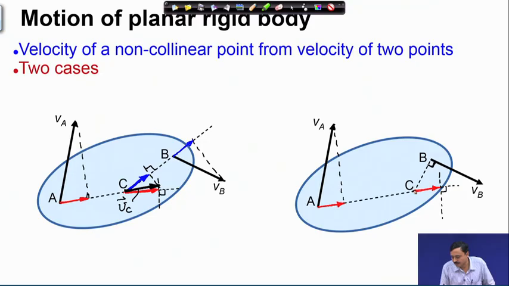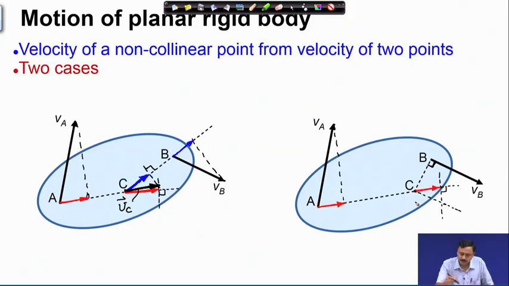So, if I have to draw a perpendicular to the direction CB, it must be through the point C. Because the projection of the velocity of C along CB is 0, that velocity along CB is the point C itself. So, the perpendicular must be through the point C and perpendicular to CB, which I have drawn.